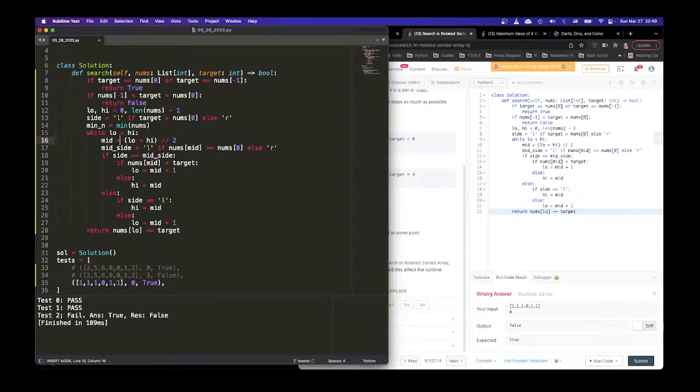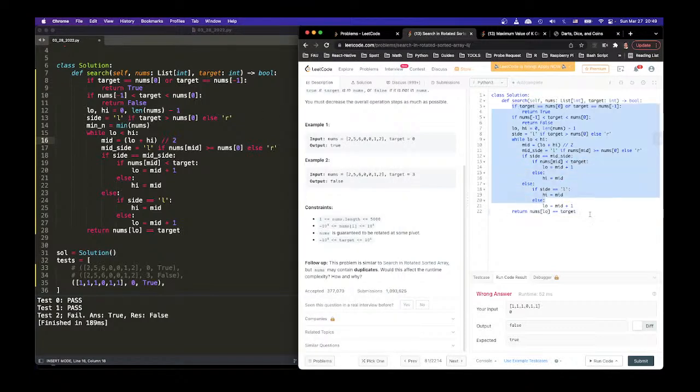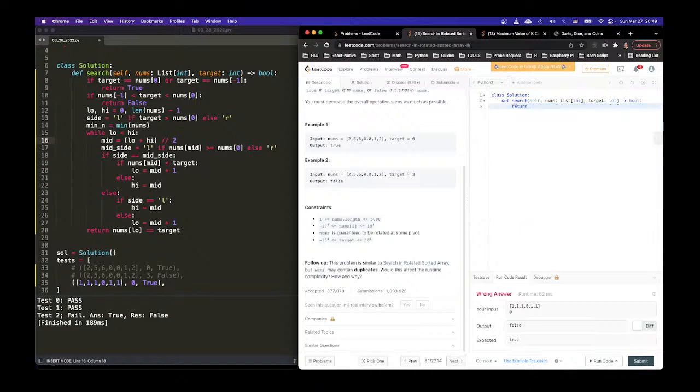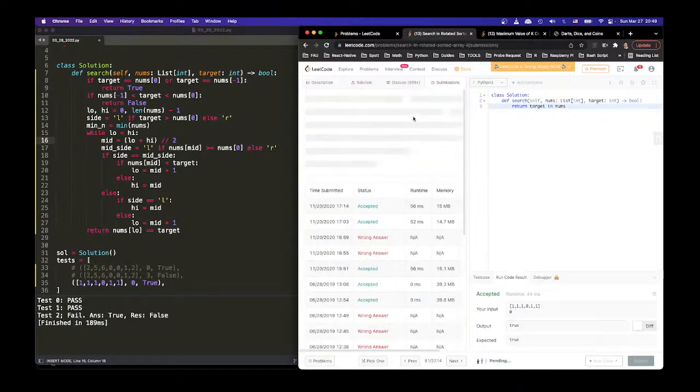I mean, seriously, if we do it this way, what's the point? If we want to do this, we simply return whether this target is in nums, and that's it. I'm pretty sure this one will pass.